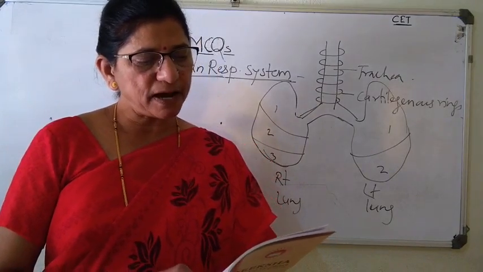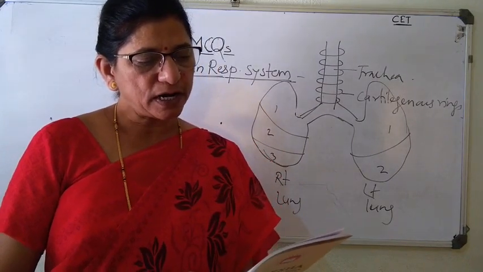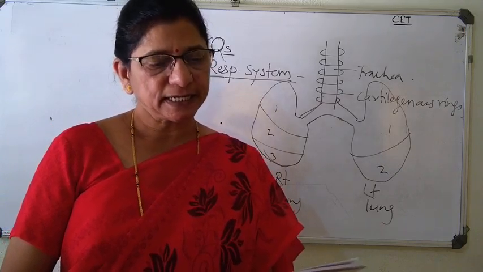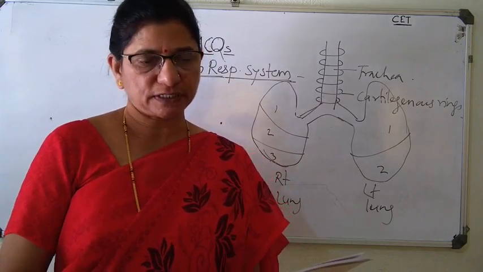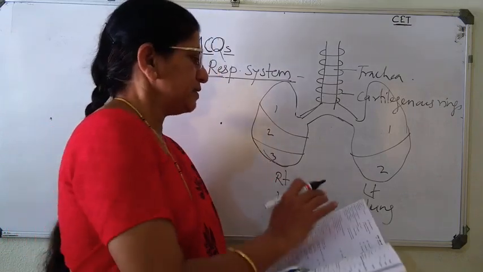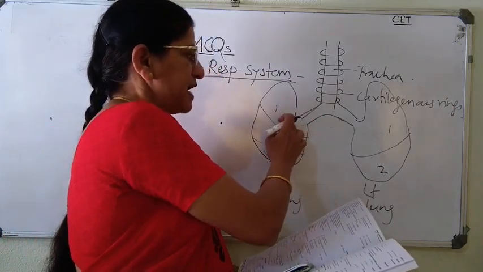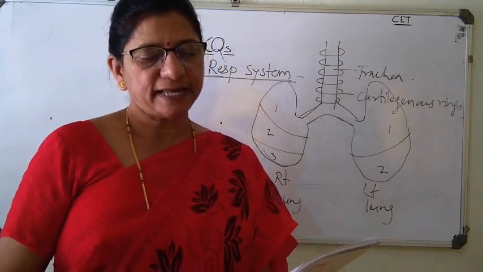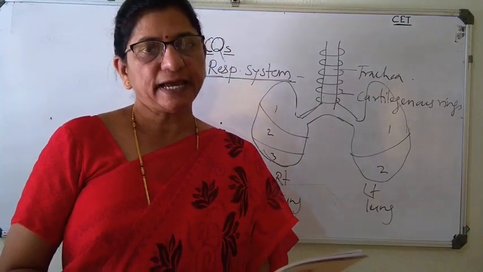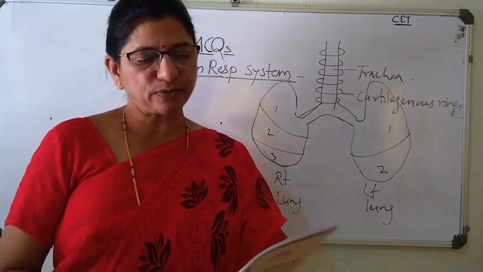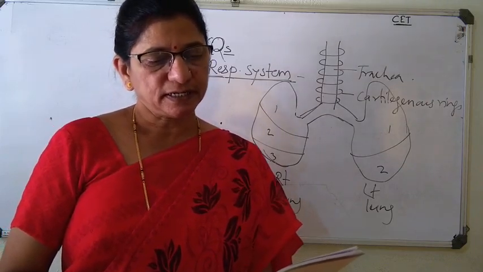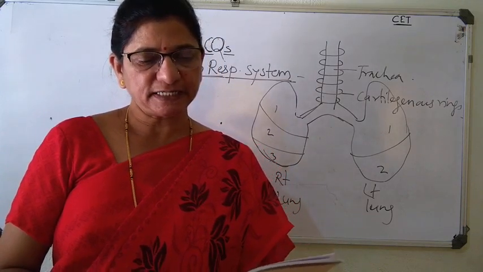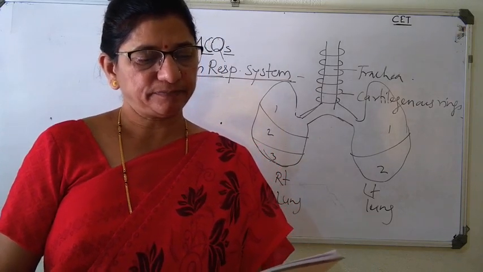Which is the end part of the pulmonary or lung division and place of gaseous exchange? The correct answer is alveolus, because the bronchi branch out into primary, tertiary branches, and at the end there are air sacs known as alveoli, and that is the gaseous exchange place in lungs.